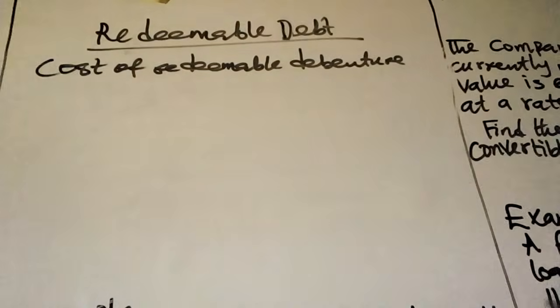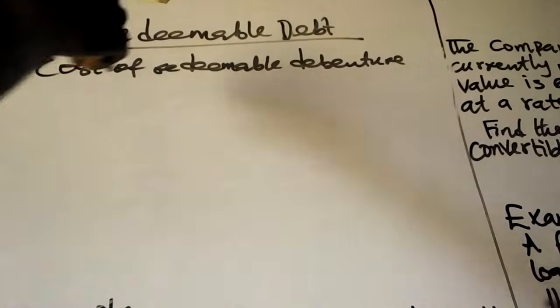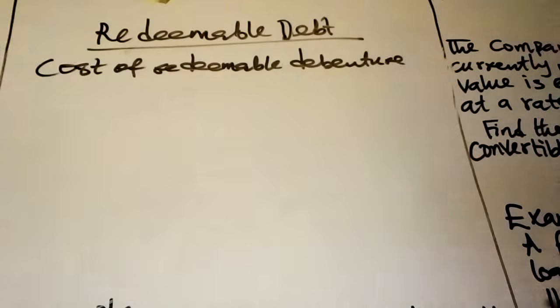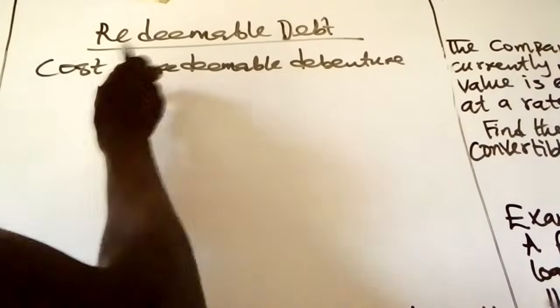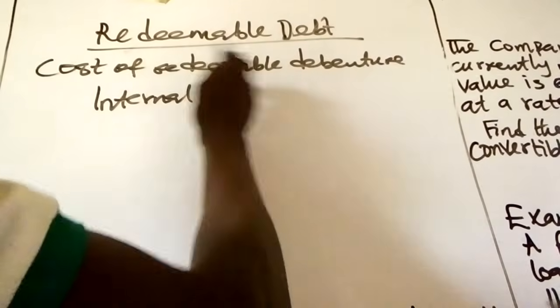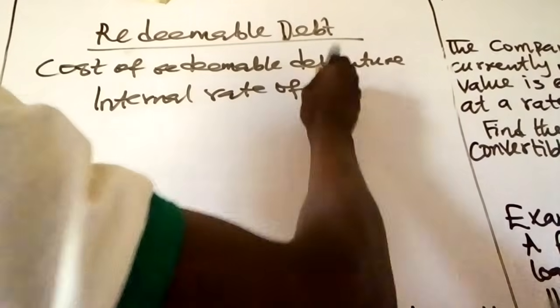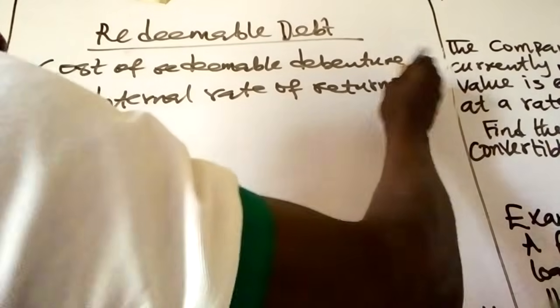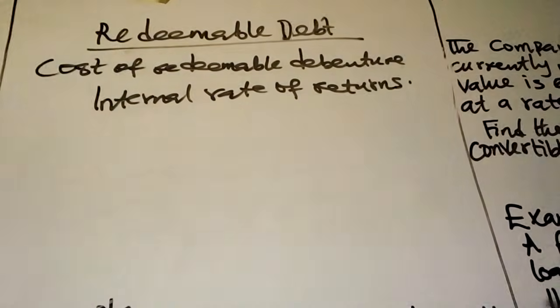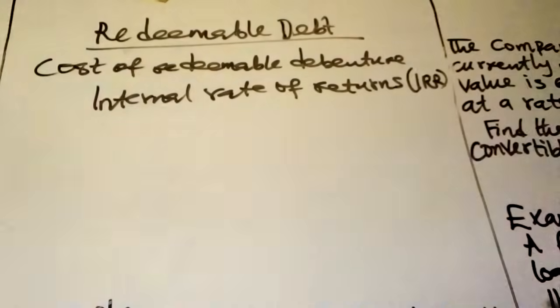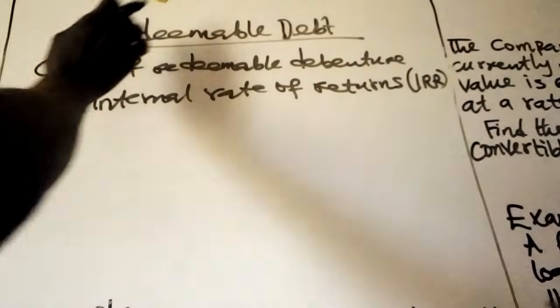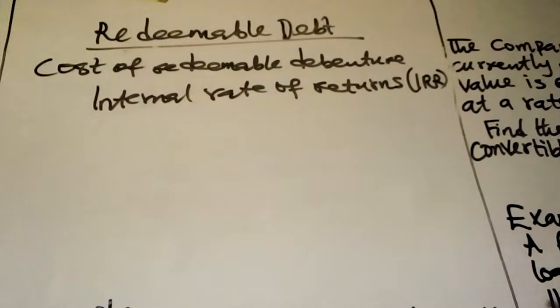So anytime you are to calculate the cost of a redeemable debt or debenture, you calculate the IRR, internal rate of returns. That is what is expected of you.